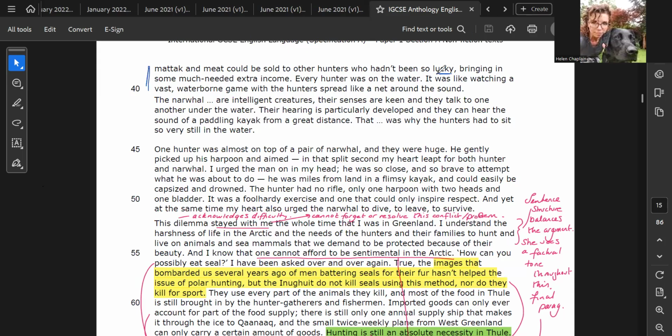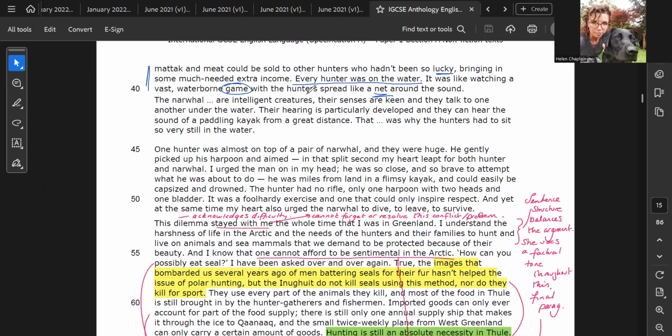There is that idea of being lucky, being privileged, being fortunate. That short sentence contrasting there, bringing the focus back onto look at the water, right? It was like a vast waterborne game, again like a net, picking up on that dotted before, picking up on the slow, methodical movement of the narwhal.